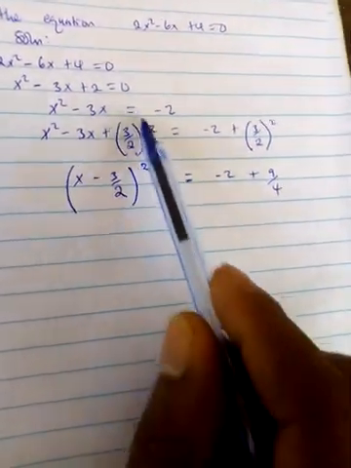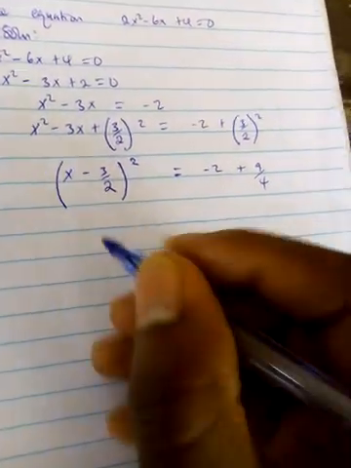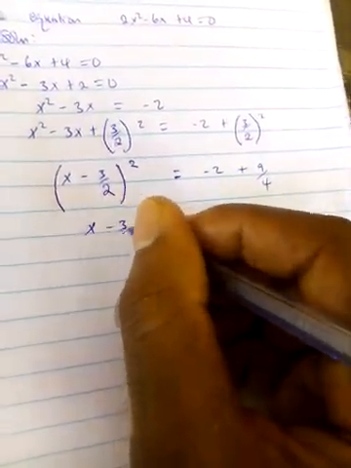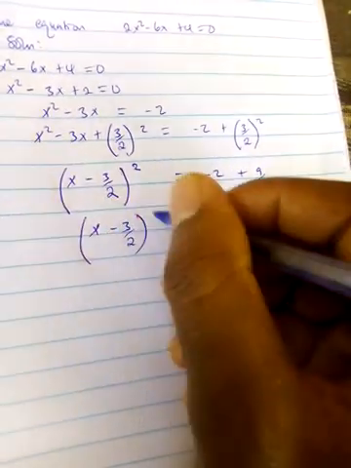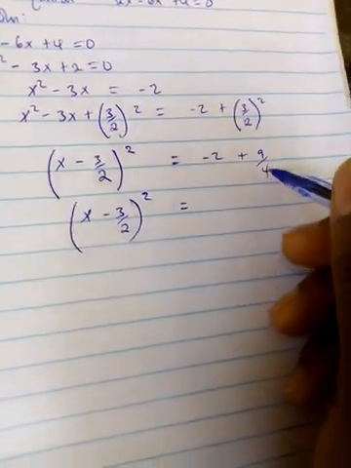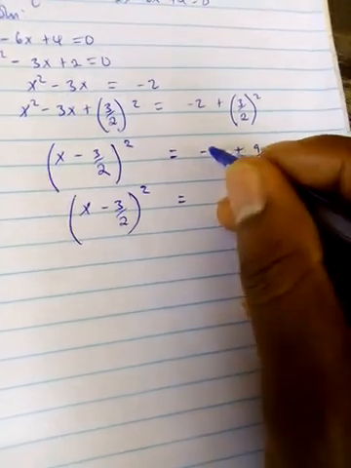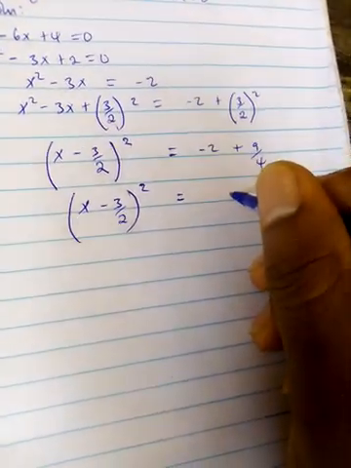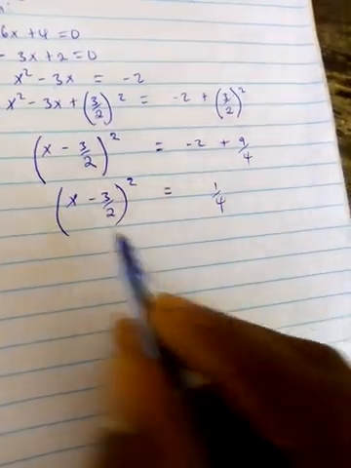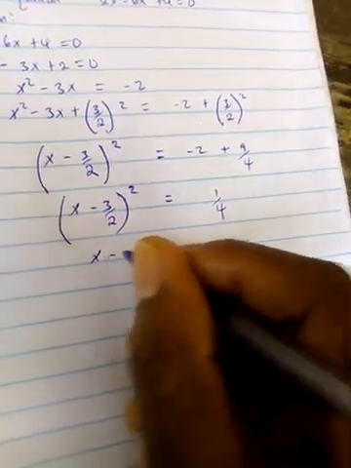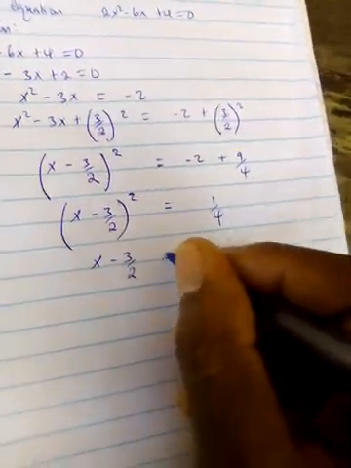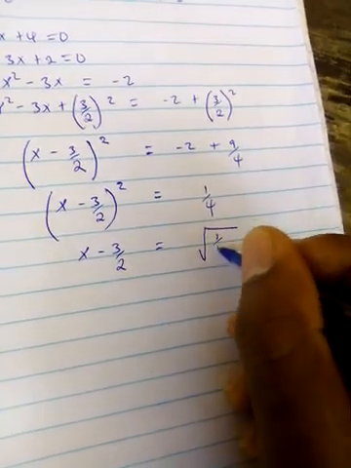When you expand x minus 3 out of 2 all squared, it goes back to the previous expression. So I have x minus 3 out of 2, all squared, equal to a quarter, because the LCM is 4 times negative 8 plus 9, so it is a quarter. I take the square root, so that x minus 3 out of 2 equals the square root of a quarter.